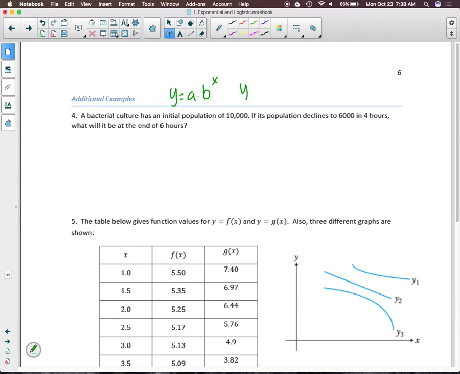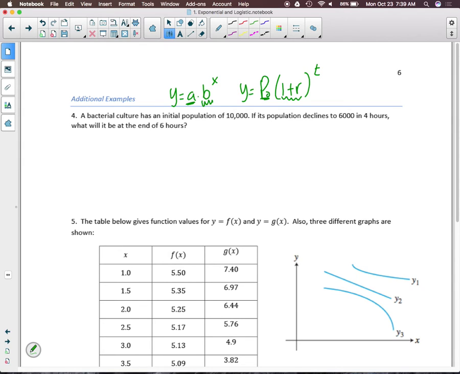Right, I could use this model, and that would work perfectly fine. These equations are identical. The a and the p are equal. The b is equal to the 1 plus r. So they're actually equal. I don't really need to treat them as anything different, so I'll just use them when I feel like I need to know that r value specifically, and if I don't need to know that r value, then I'm probably going to use the a times b.